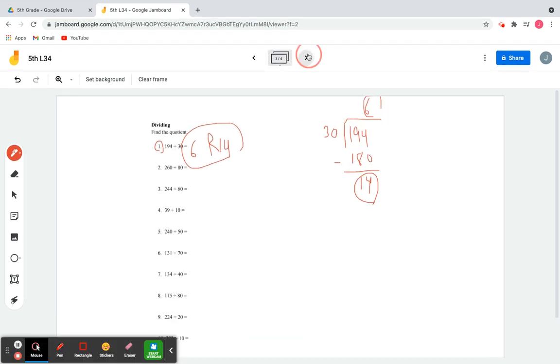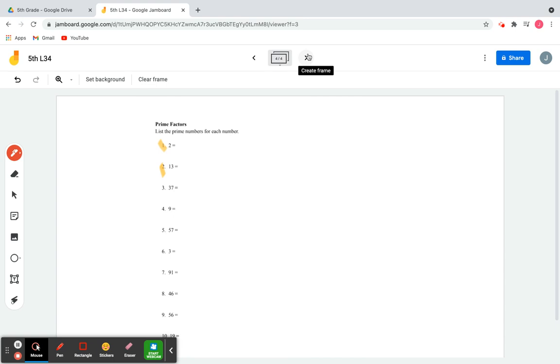So let's move on to the last page, which is prime factors. So list the prime numbers for each number. So let's work on number 1 and 2. So number 1, is this number a prime number? Before I start, I should say what a prime number is. A prime number is a number which is divisible by exactly two numbers, which are the number itself and 1.